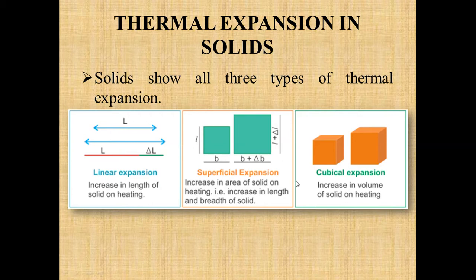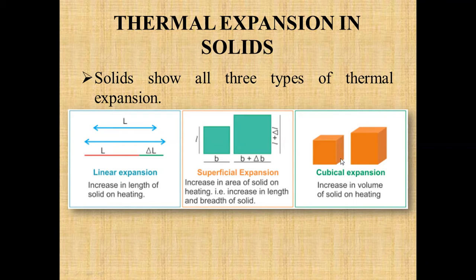Suppose you heat this solid block, so what happens? As it is heated, this edge of the solid starts to increase. So this edge is showing the linear expansion. And since this edge is increasing, this edge also increases, due to which this whole area is going to increase.